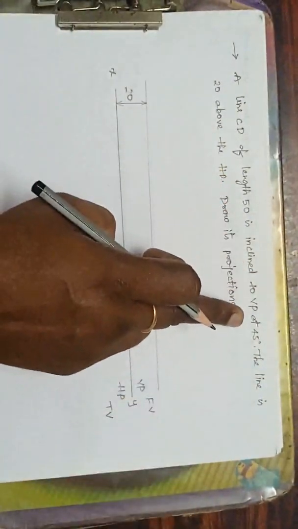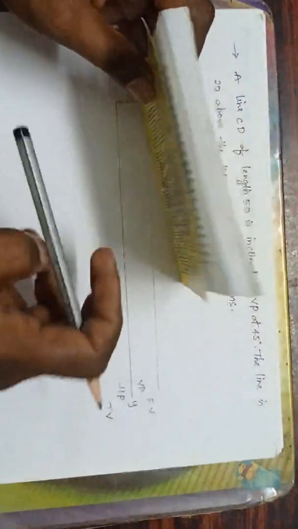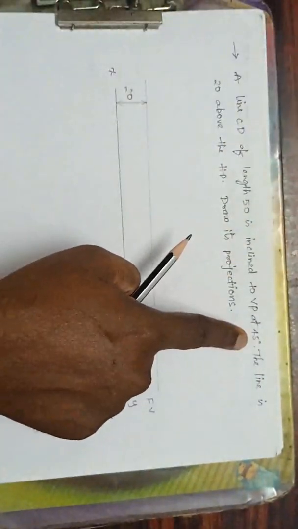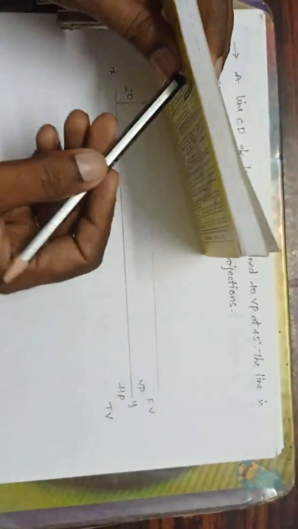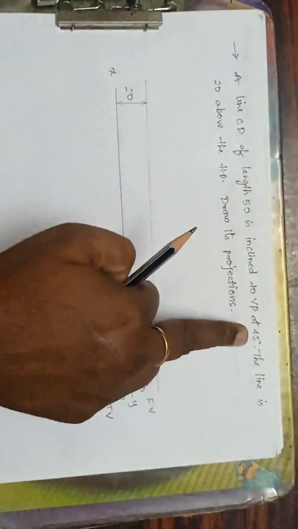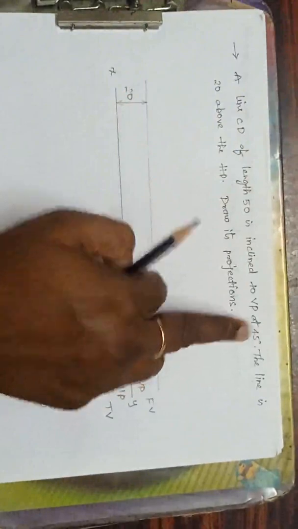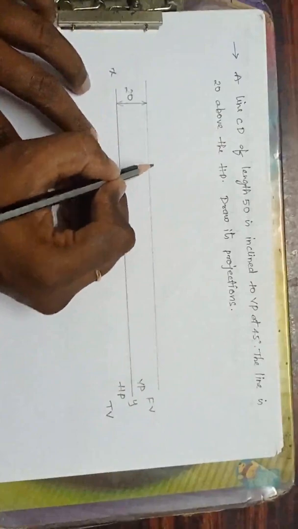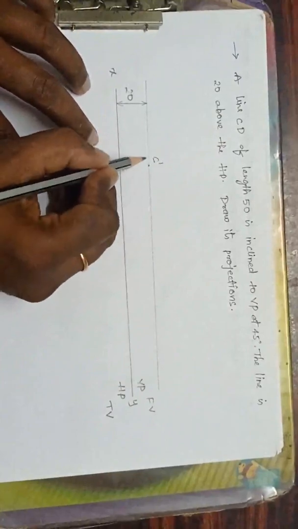Now what he said? It is inclined to VP, at an angle of 45 degrees. This inclination I can see in the HP, so angles are also reverse. We know that. First I'll consider some point here, point C dash on this line, because this is in the front view.